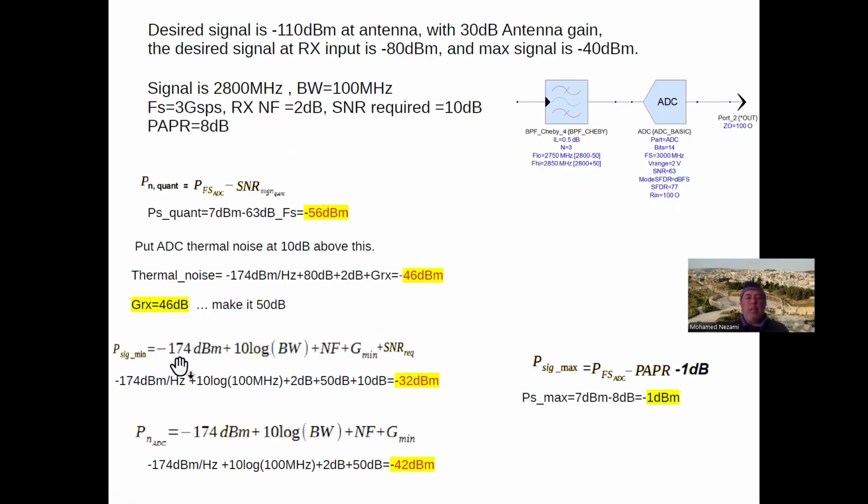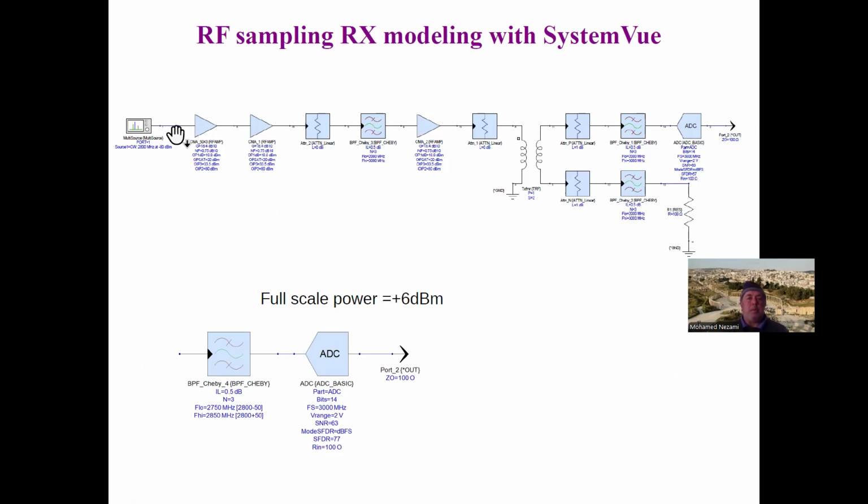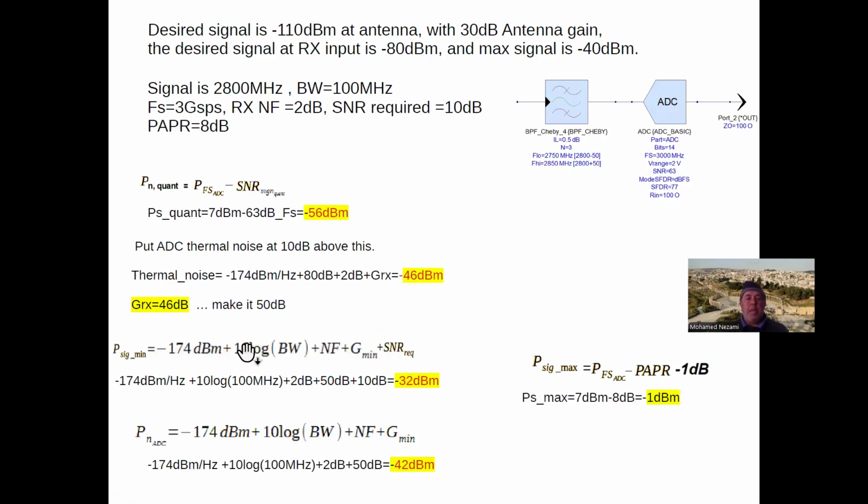Now, the next question is, we have the minimum signal. I'm saying here that the minimum signal is minus 110 dBm at the antenna. Of course, it's minus 80 dBm at this point in here. When it reaches the ADC point, it has to be above the thermal noise by the SNR, which I said has to be 10 dB.